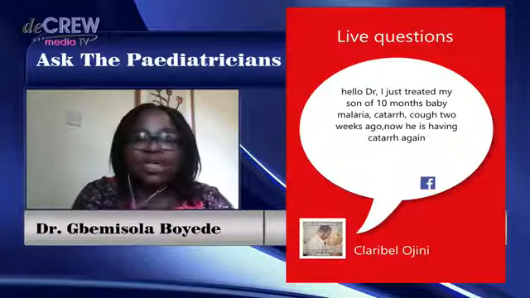So, the child having catarrh again, there are many reasons why children have acute respiratory infection. I won't go into that because that's another topic on its own. There are environmental factors that predispose the child to recurrent respiratory infection.